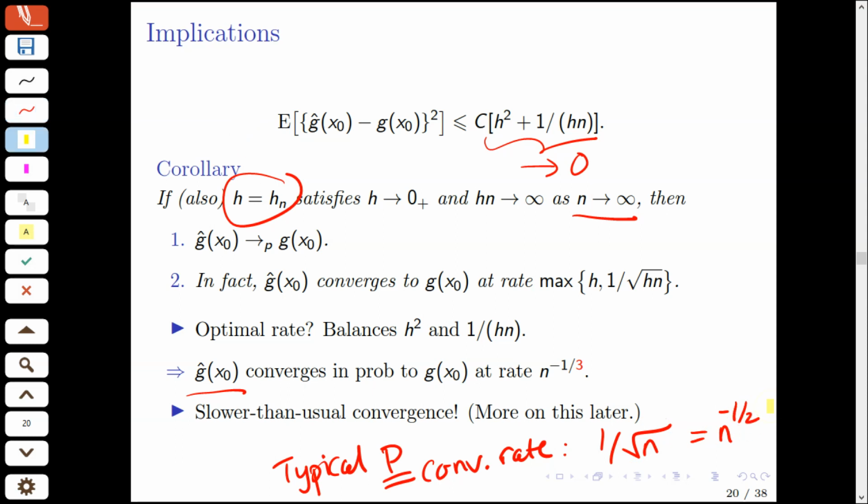So what we see here is that the kernel estimator in general experiences slower than usual convergence. Now, this feature is in fact a typical feature of nonparametric estimation methods. That is, nonparametric methods generally lead to slower rates of convergence than the typical square root n type of convergence. But more on this later on.